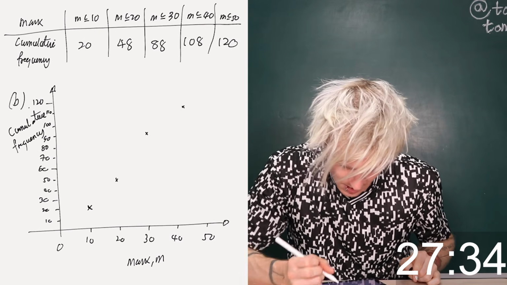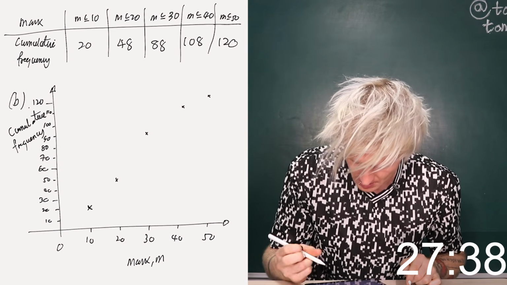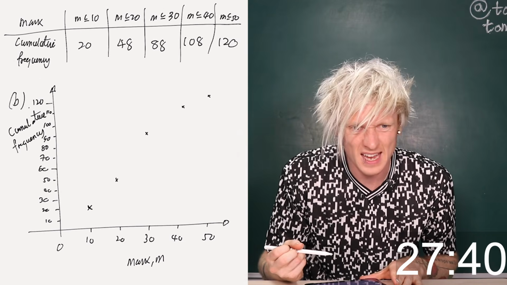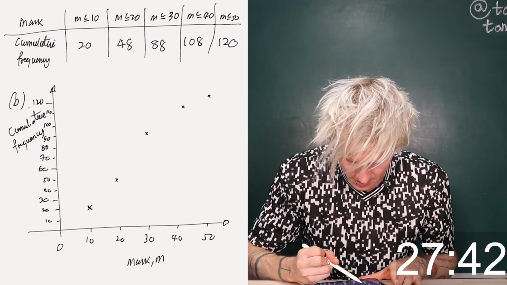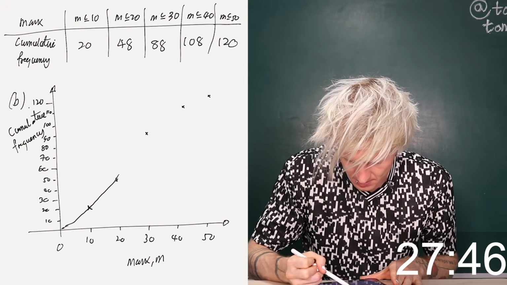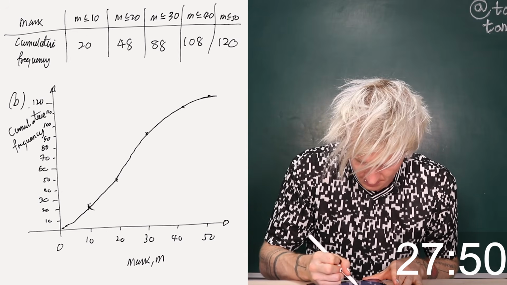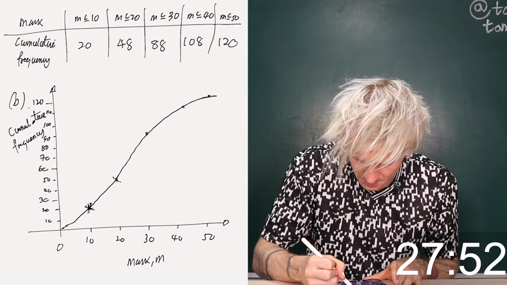And then at 50, we're at 120, so that's about here. So I'm guessing I meant to draw this in. All right, I'm going to go with it. If I try and draw the graph, it's going to come up and then flatten out at the top. And then let's go over those x's so that Ben can see them.